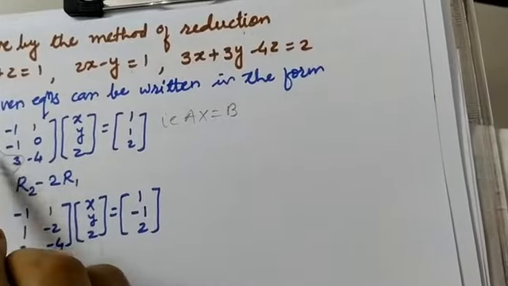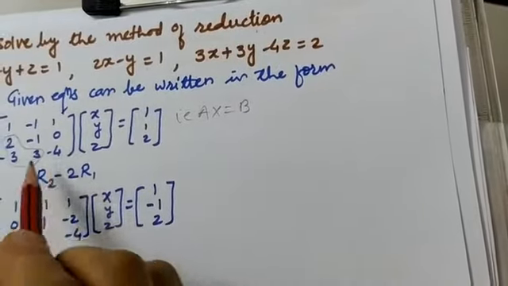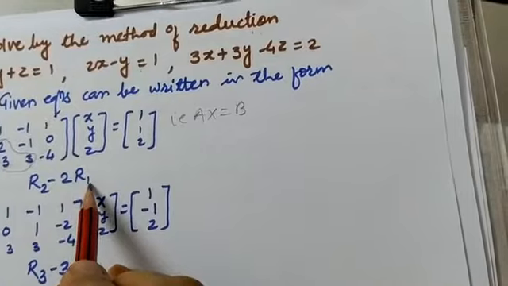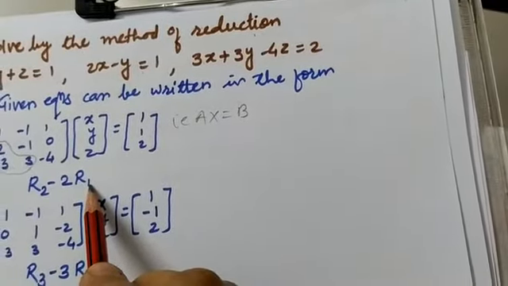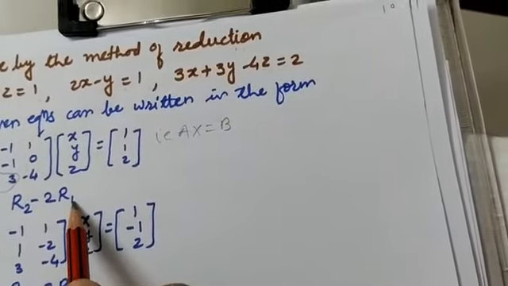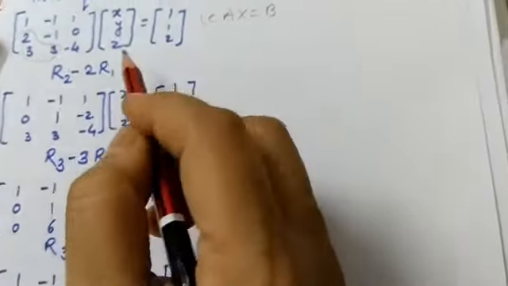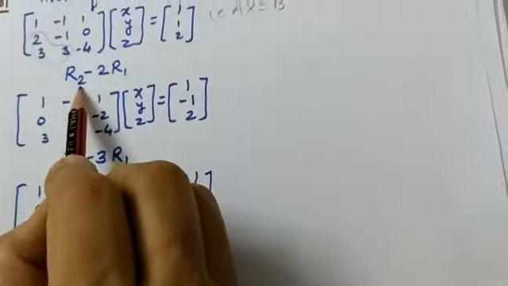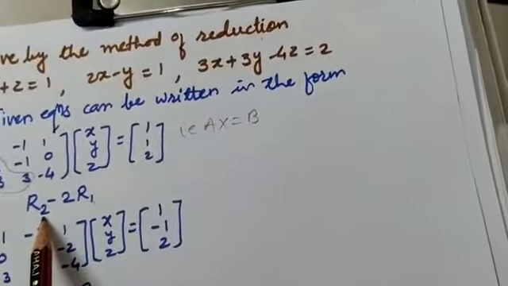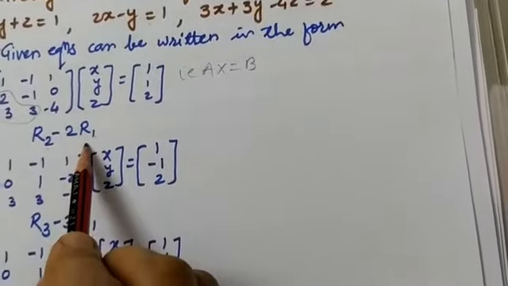Now our target is decided. Use R2 minus 2R1. The method says to use suitable operations so that the problem is solved by elimination, so by suitable row transformations we will do R2 minus 2R1. Why?